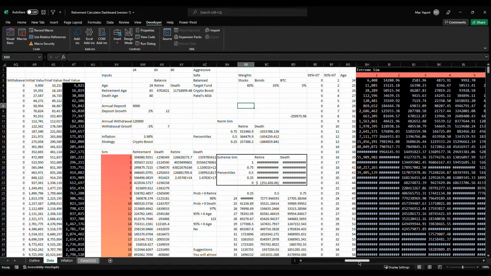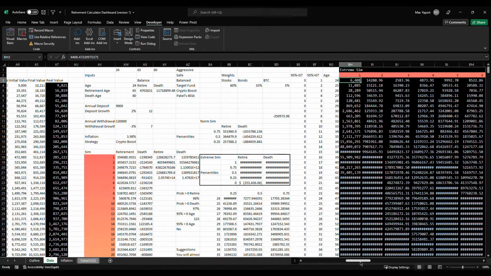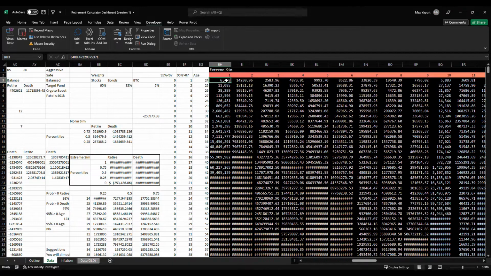The interesting part of how the simulation was done is this real value column here. When this macro is run, Extreme Sim, it will copy it over 100 times and freeze those values.